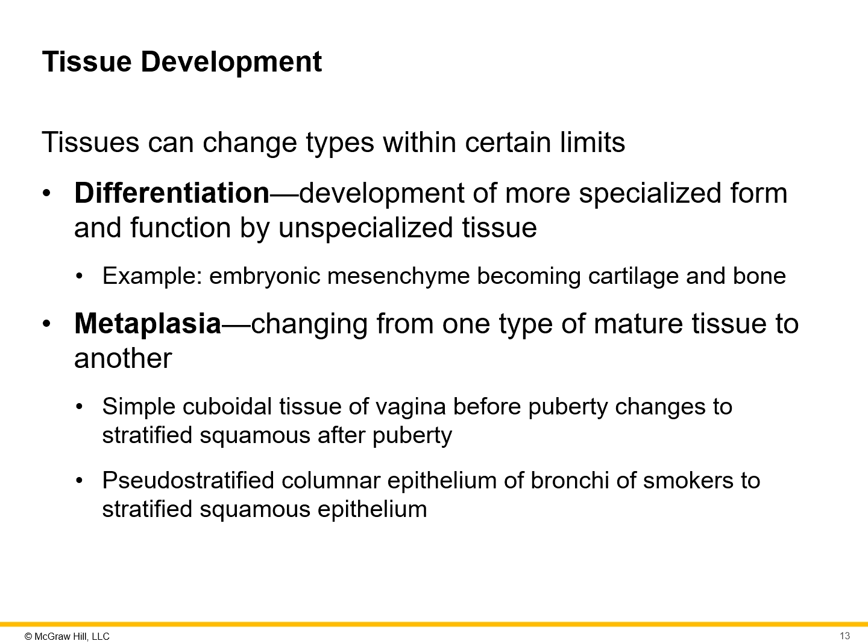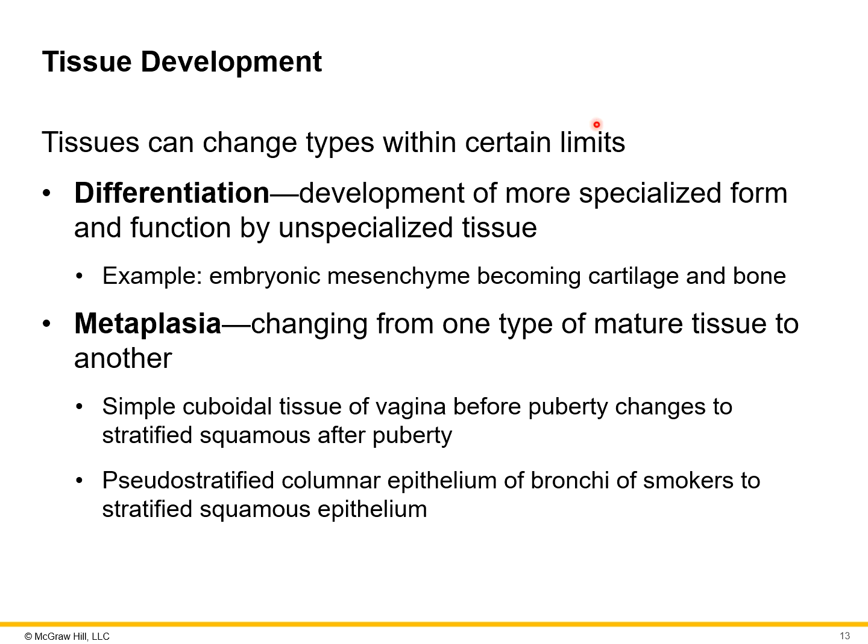So, for example, that embryonic mesenchyme stem cell can become a cartilage cell, and it will turn into a chondroblast, which will build cartilage. Or that mesenchyme stem cell can differentiate and turn into an osteogenic cell. Those osteogenic cells will produce osteoblasts that build bone.